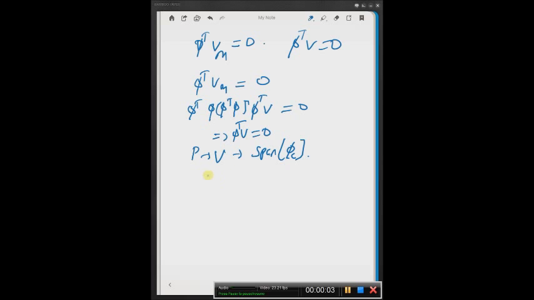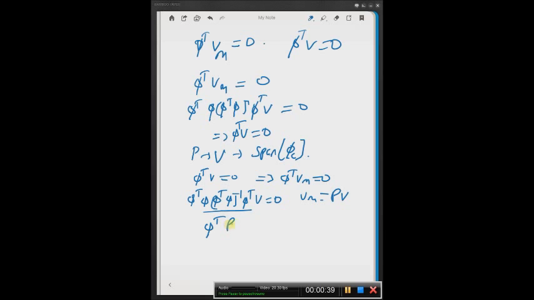And similarly, we can also derive that when phi transpose V equal to 0, this implies phi transpose Vm equal to 0, provided Vm is a projection of V. That is, by simply multiplying with phi transpose phi whole inverse phi transpose V equal to 0, that is basically multiplying with identity on both sides, you get, and this part is basically P, that is phi transpose PV equal to 0, and then phi transpose Vm equal to 0.